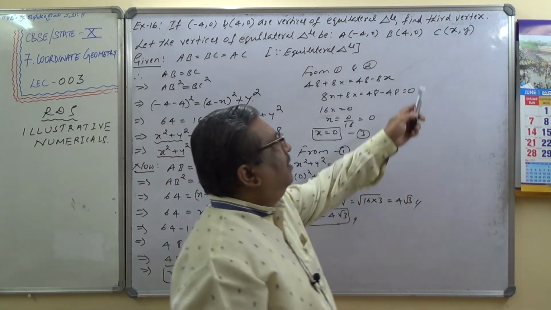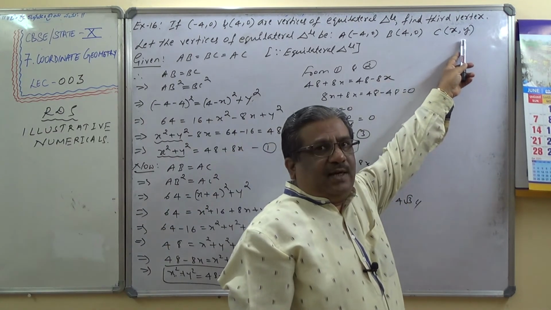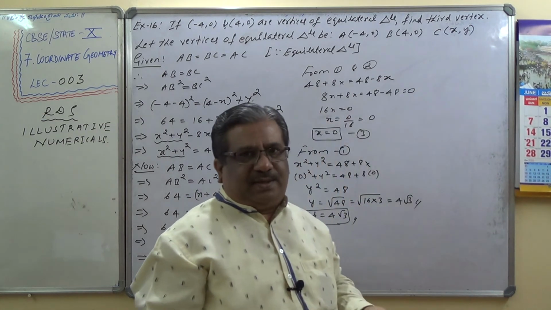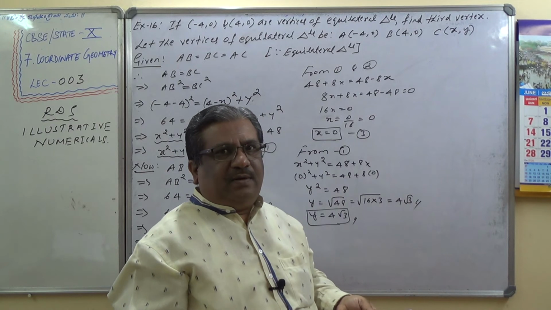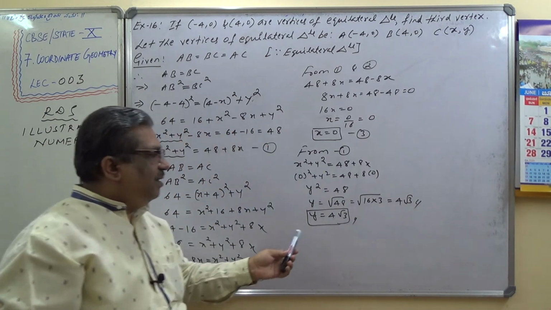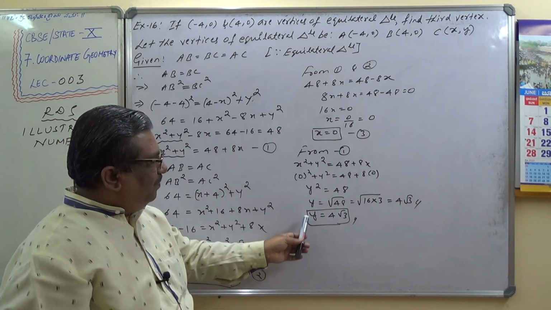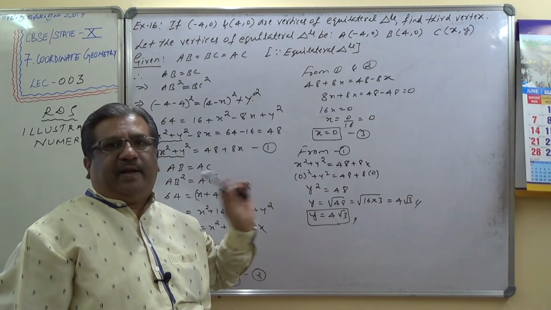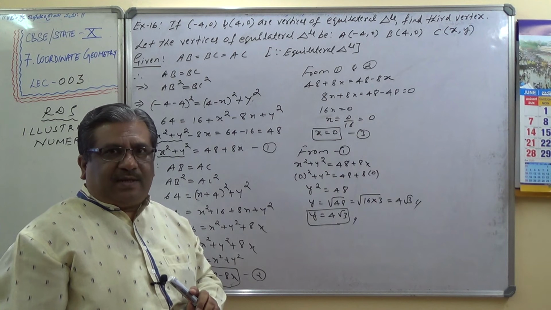We are finding the third vertex x and y. So x and y values are real numbers, is it not? And therefore a small twist comes into the picture. y can be plus or minus under root of 48. Is it clear for all of you?